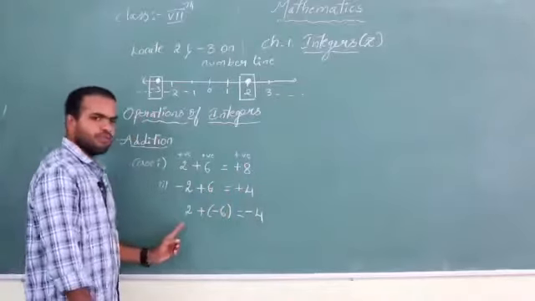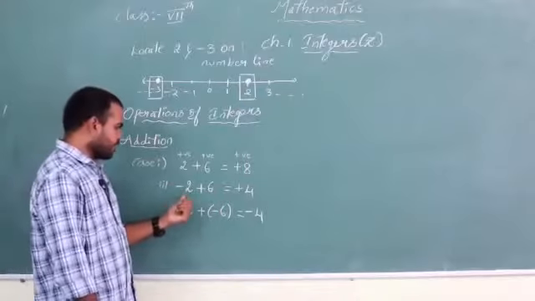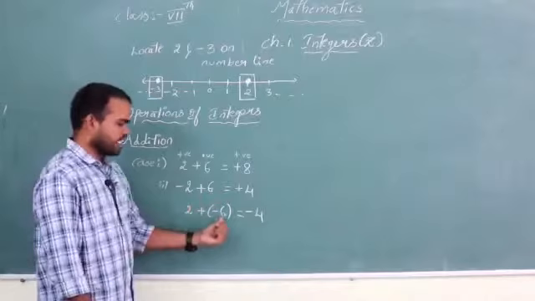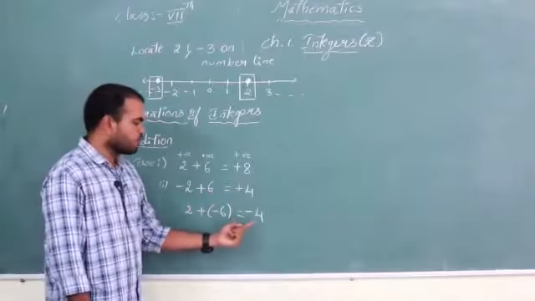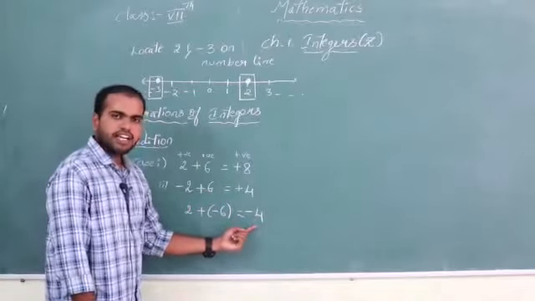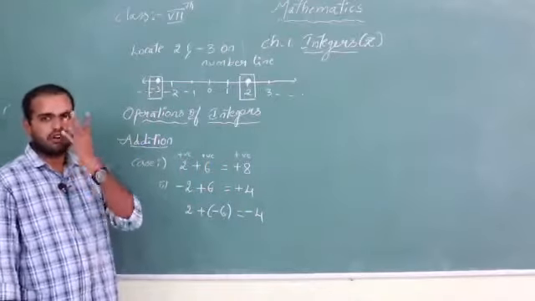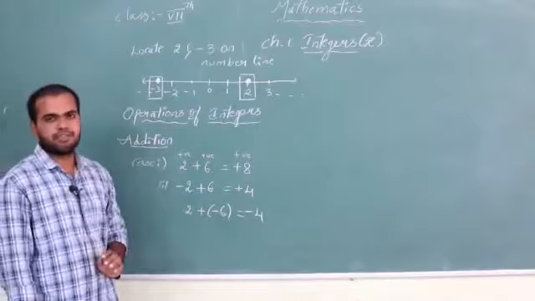What about case 2? If you are adding a negative number with a positive number, or a positive number with a negative number, you have to subtract first, and the sign of the larger value is the sign you take in front of the sum.